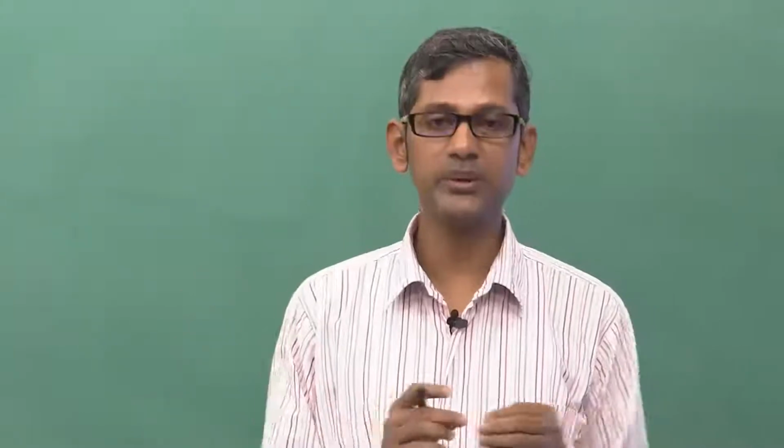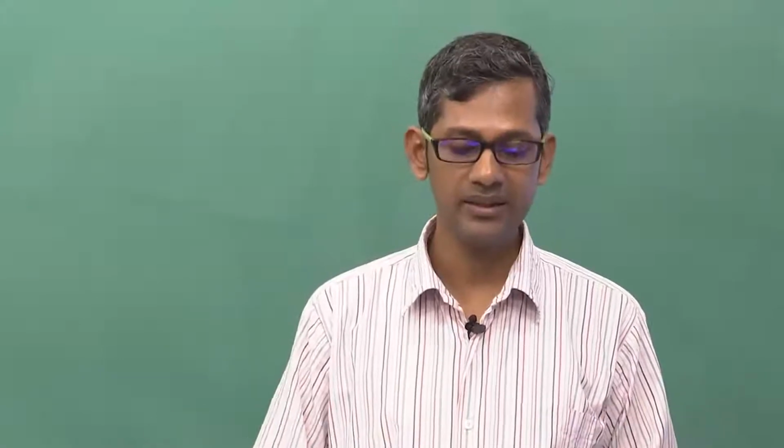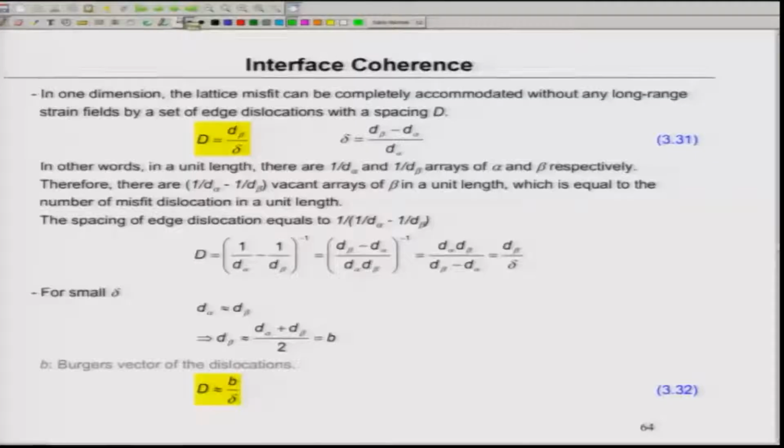So, as d beta increases, that means the difference between the two alpha and beta plane spacings increases, this d will become smaller. In other words, in unit length there are 1 by d alpha and 1 by d beta arrays of alpha and beta planes respectively. So, there are 1 by d alpha minus 1 by d beta vacant arrays of beta in the unit length, which is equal to the number of misfit dislocations.